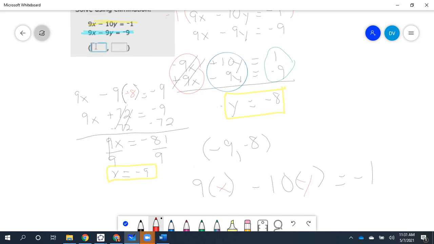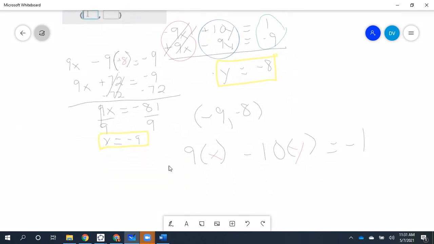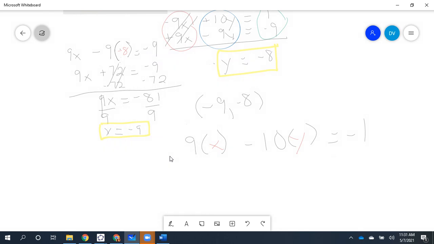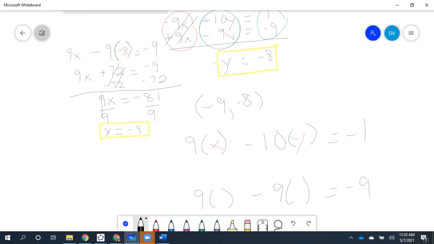The other original equation that we had was 9x minus 9y equals negative 9. Okay.